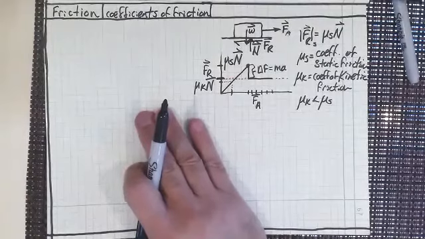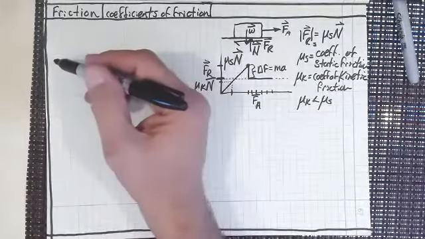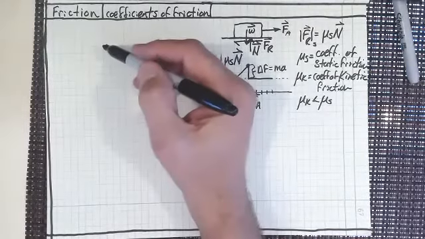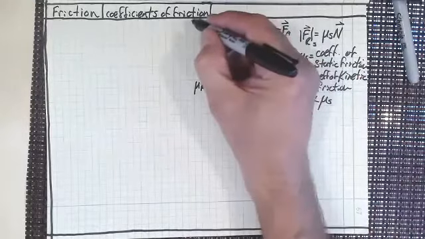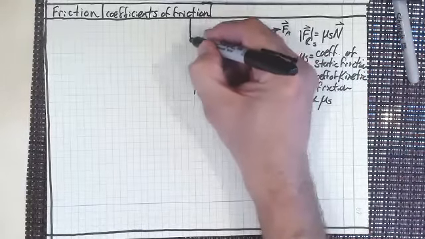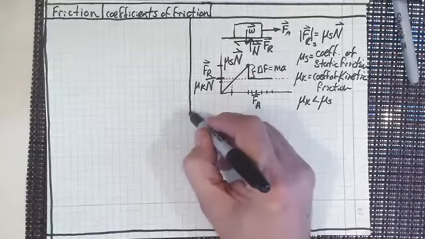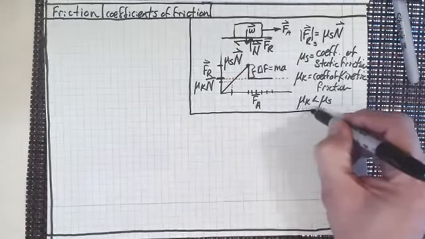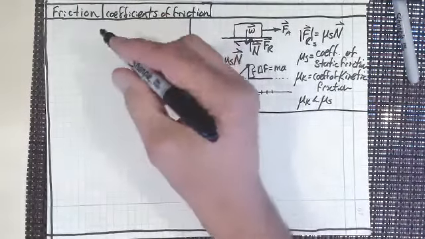So let's look at a problem, but not a problem that's easy like this. Let's look at a problem that is a little more complicated. And so here's what I want to do.